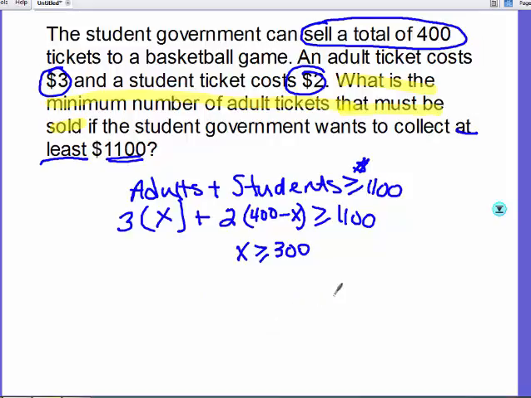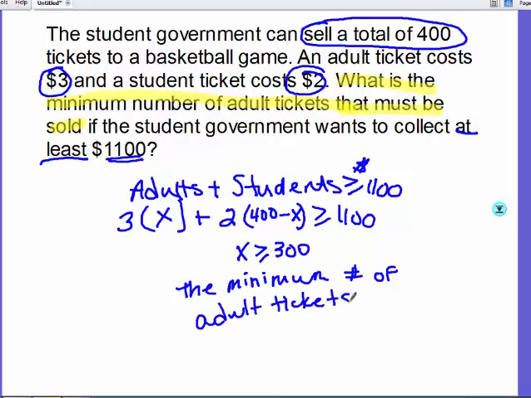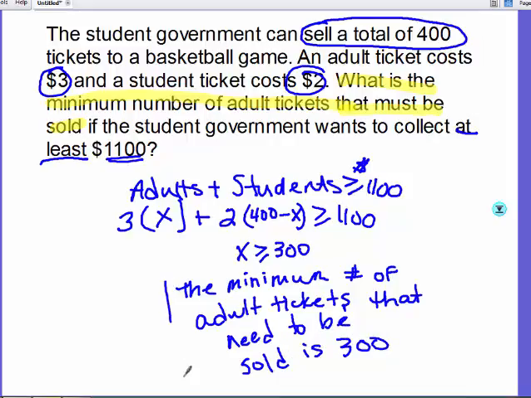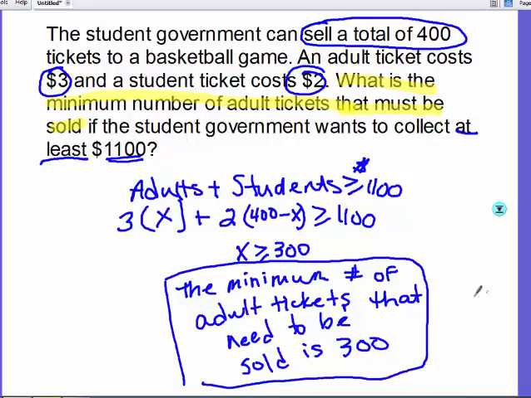And if X has to be greater than or equal to 300, then the minimum number of adult tickets that need to be sold is 300. Again, a lot of these inequality questions will require your answer to be a sentence.